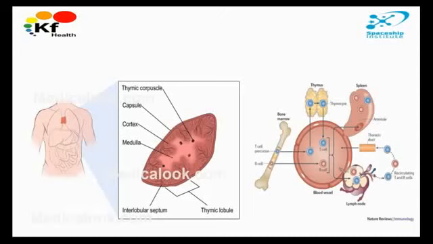And it's important that from the thymus you have differentiated lymphocytes, which we call thymocytes. They go again in the circulatory transporting system, and then they reach the spleen or lymph node.